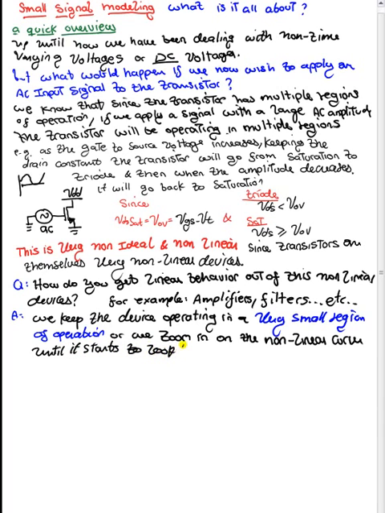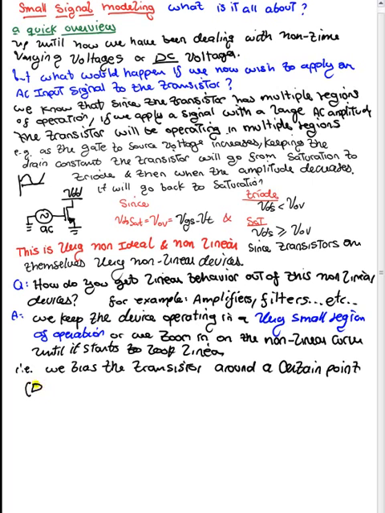That is, we bias the transistor around a certain point in a region of operation, in a desired region of operation, around a certain point, in this case using a DC voltage, and make only small perturbations around that point.